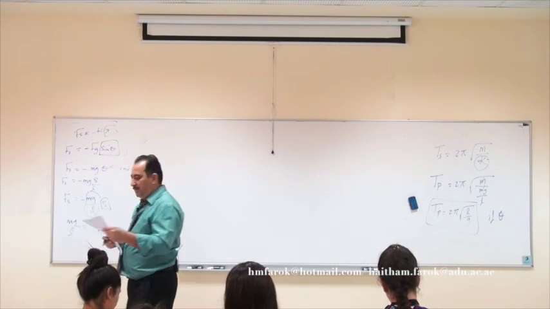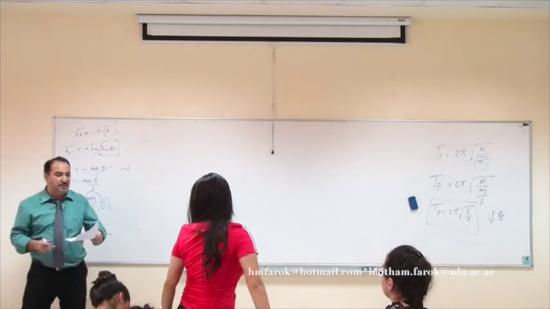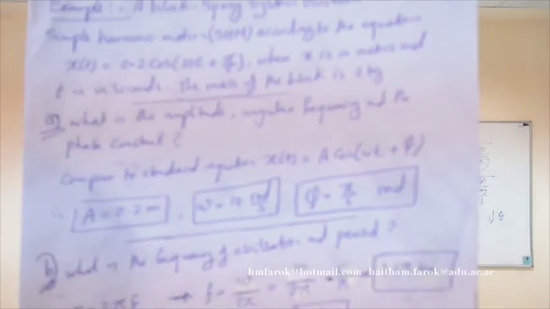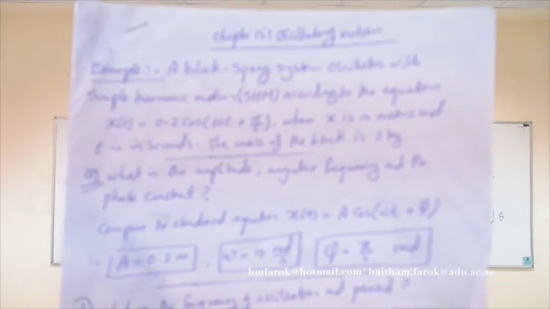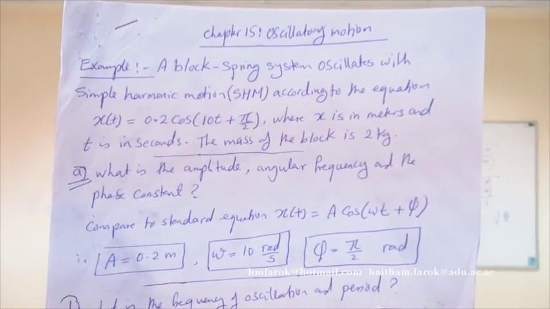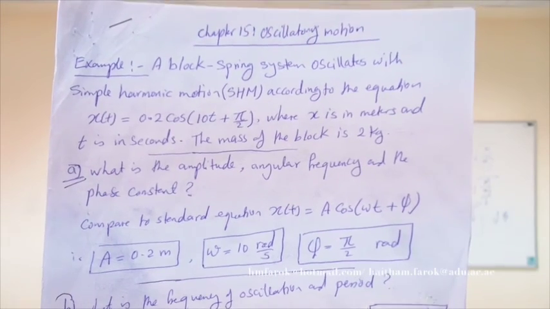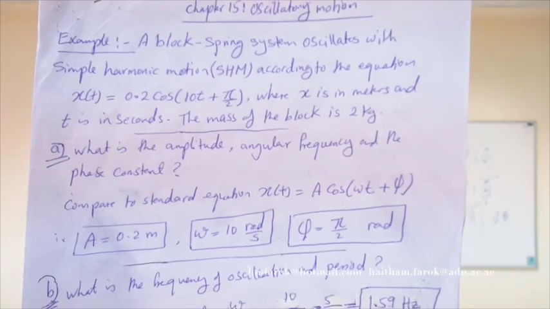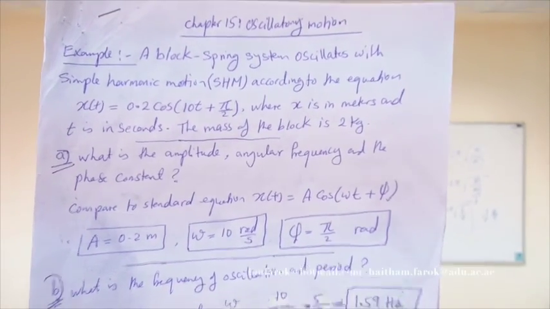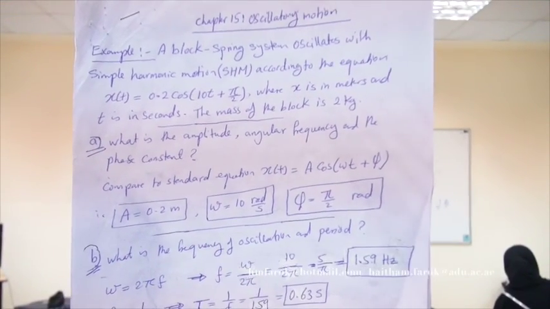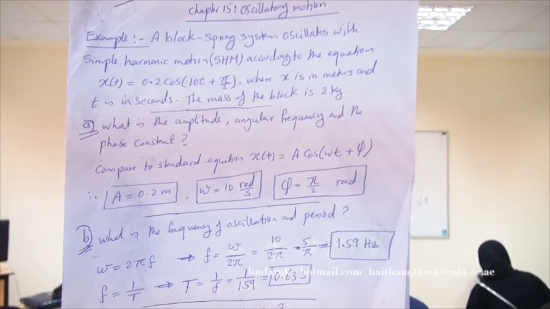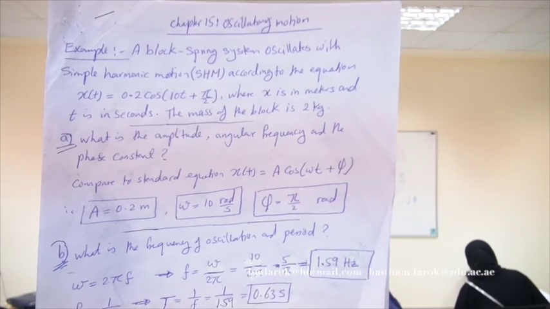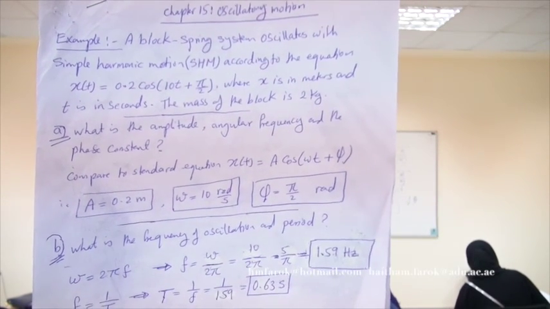I'll read the question just for the video. We have a block spring system that oscillates with a simple harmonic motion according to the equation x equals 0.2 cosine (10t plus pi over 2), where x is measured in meters and t in seconds.